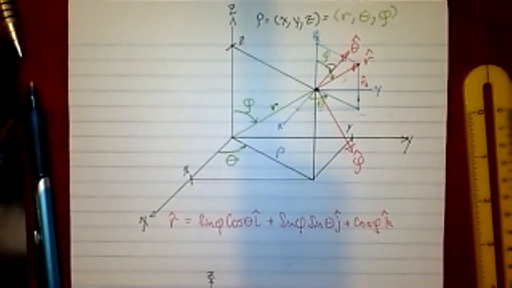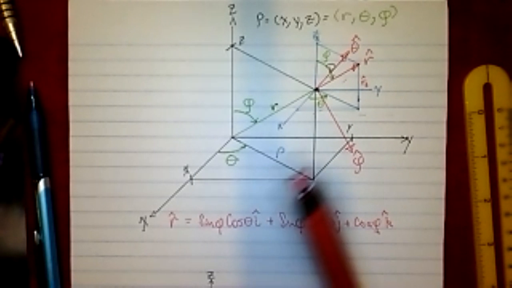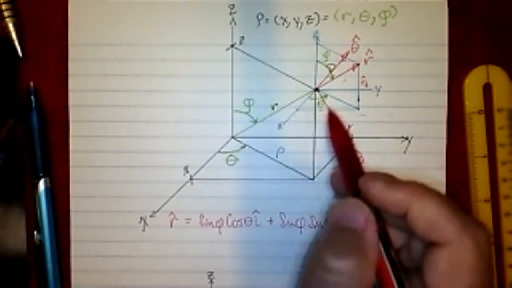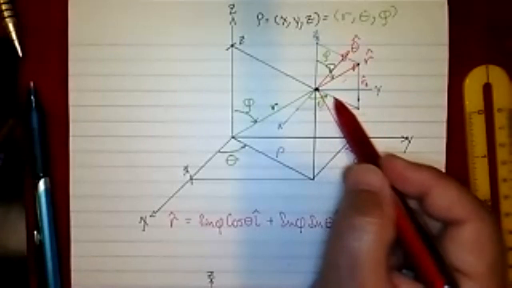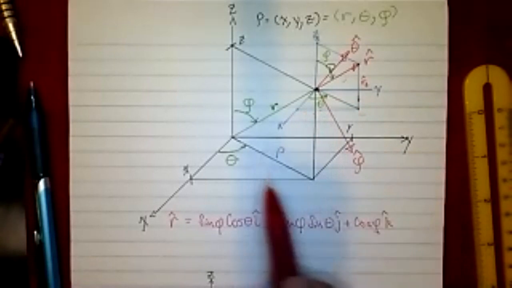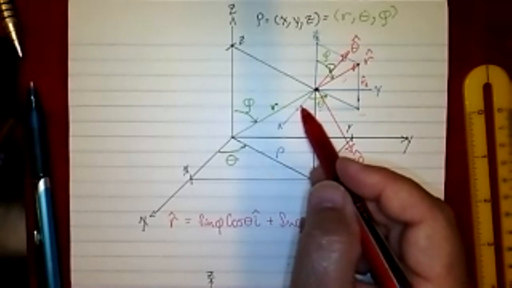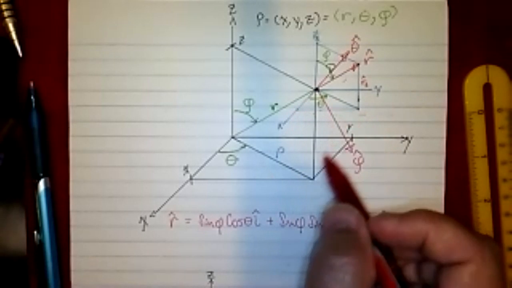Now you might be skeptical about the size, but I'll tell you it's already in a unit size. So let me show you what happens here. If I first try to find the length of r hat, the first thing I'd like to do is find the length of this, which is the x component squared plus the y component squared.